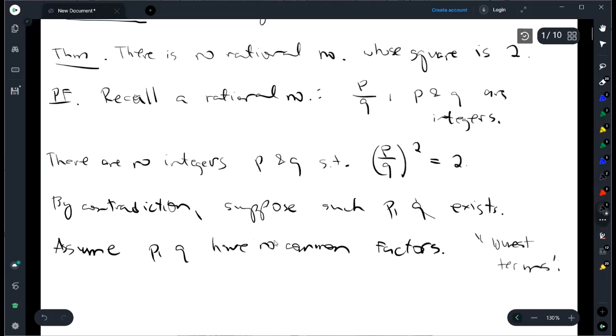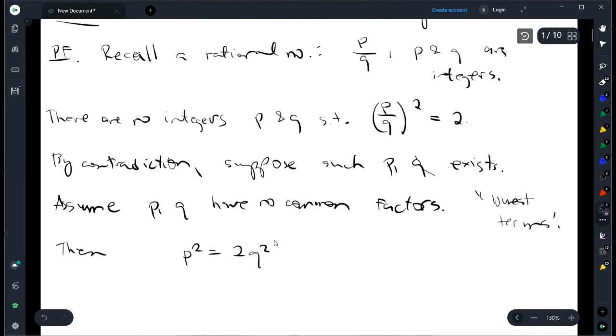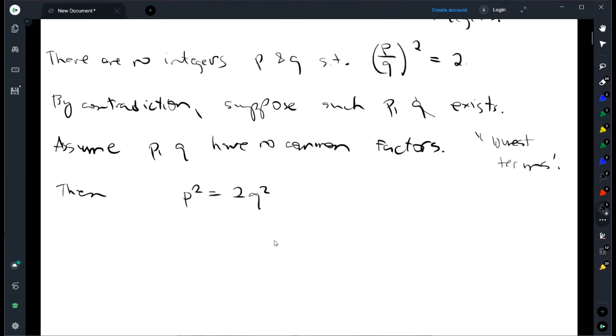And then, since this equation holds, note that we can also write this one as P squared equals 2 times Q squared. Now, notice we can write the square of P as a multiple of 2.